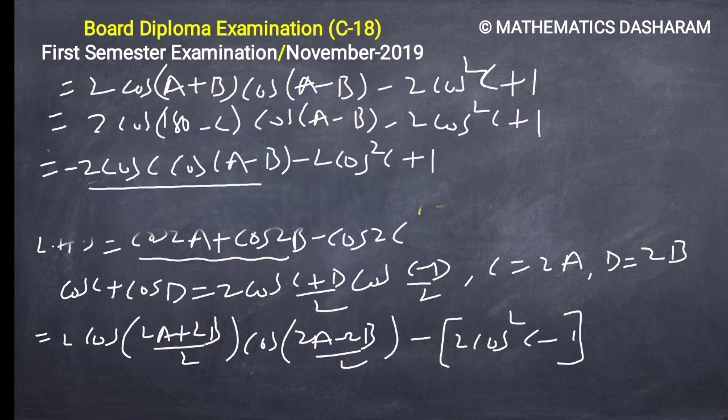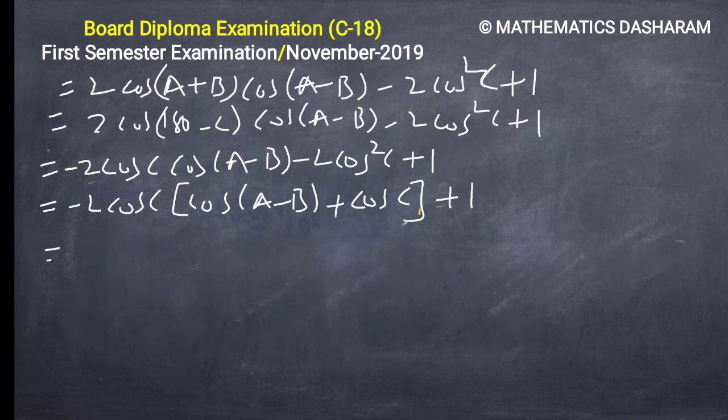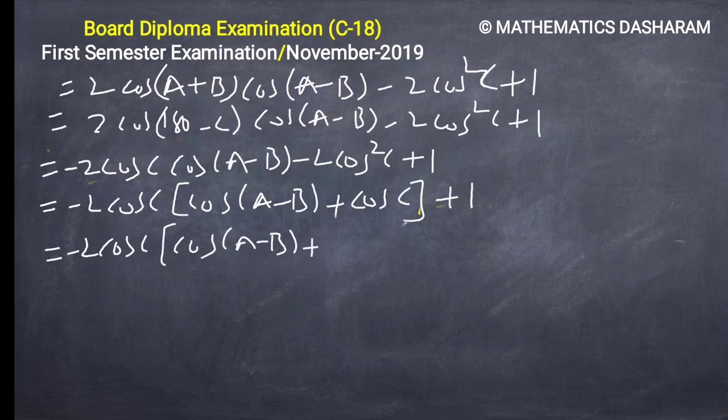Now from these two we can take minus 2 cos c as common. So then cos (a minus b) plus cos c plus 1. So it is equal to minus 2 cos c. So here cos (a minus b) plus cos c value.